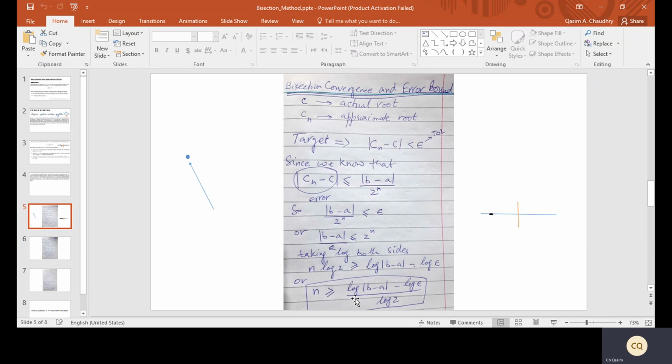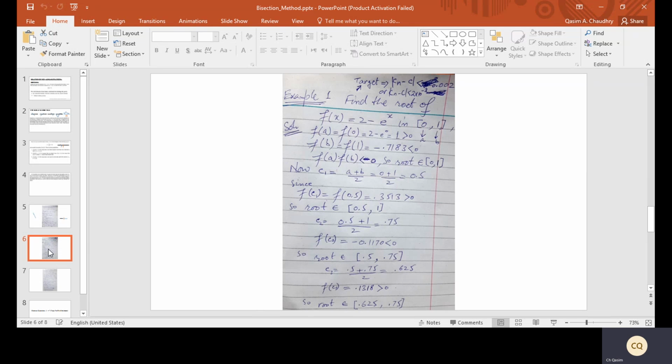Now if you use the calculator, you check the value of n. I have already seen that this becomes log 1, since b - a is 1 - 0, so log 1 minus log 0.002 divided by log 2, and the value is just less than 9. You can verify this one.